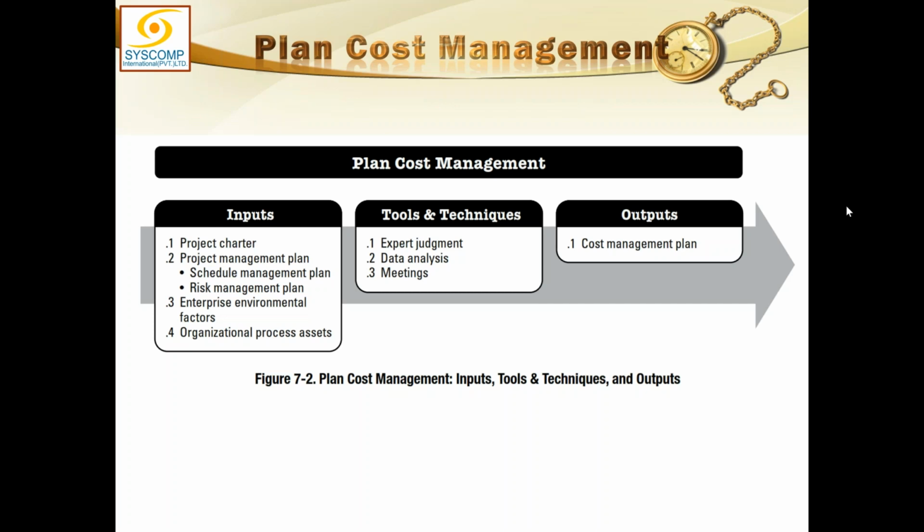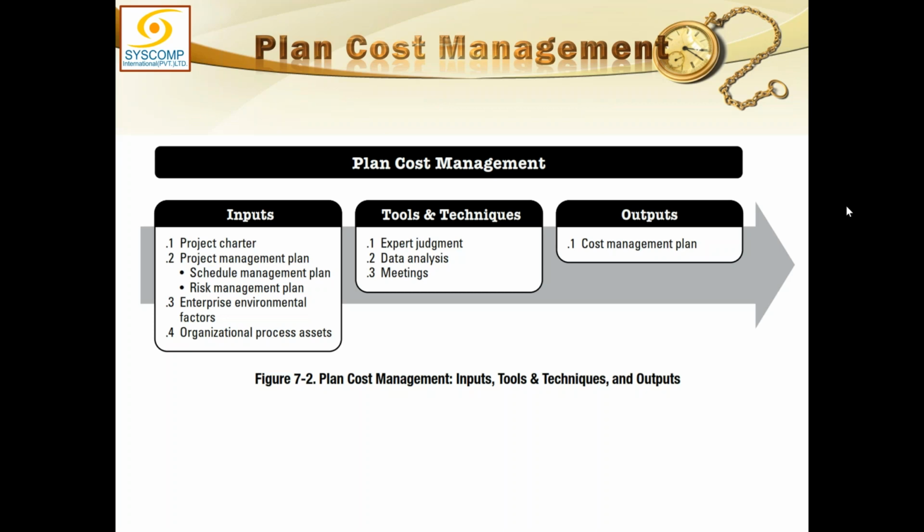Naturally, the expert judgment, we need to have people who are experienced in cost management, cost estimation, determination of budget, and all that. So we will have expert judgment from them. Analytical techniques, like developing the cost management plan may involve choosing strategic options to fund the project, such as is it going to be self-funding, funding with equity, or funding with debt, or whatever.